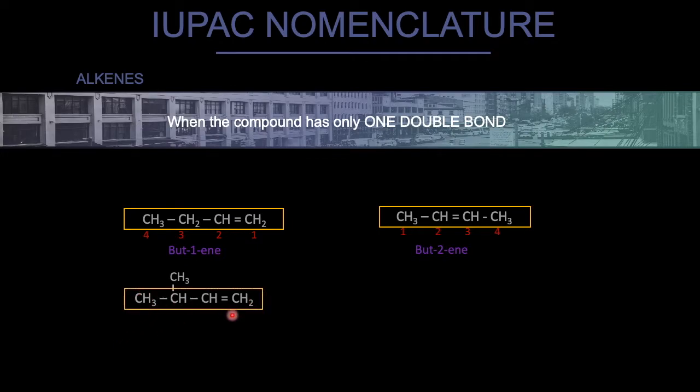Now to number this, we have to give the priority to the double bond and not to the substituent. So first the priority goes to this carbon atom, and the numbering goes in this general direction. Now the naming follows. We write all the substituent names before, with their position numbers, and then we name the parent. So this here is 3-methylbut-1-ene.